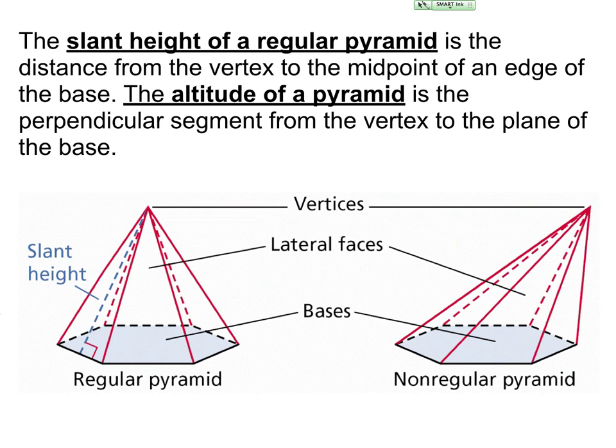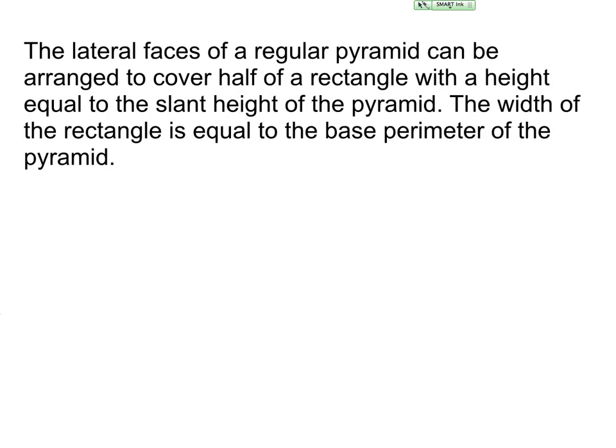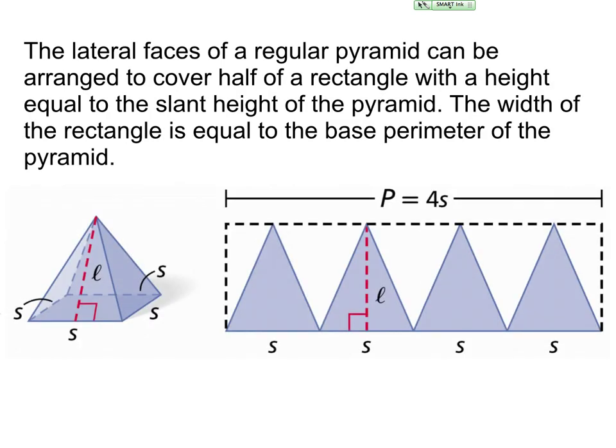We have to use one in the surface area formulas and then a different one in volume formulas. And as I mentioned, lateral faces are all those triangles. So here we're starting to think, okay, surface area. We've got all these triangles that we have to find the area of and add together, and then we'll have one base.